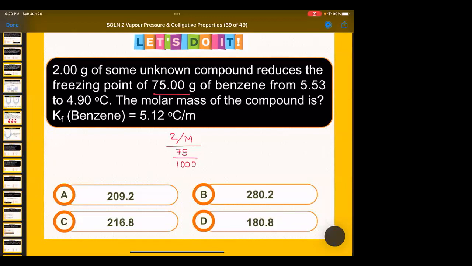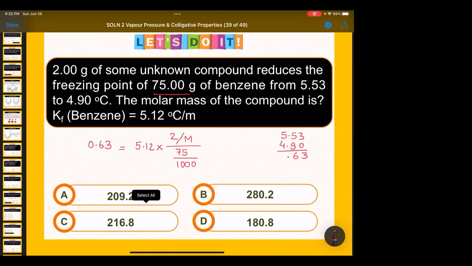This is the molality. And what is the value of Kf for benzene? It is 5.12, and the freezing point depression is 5.53 minus 4.90, which is 0.63, and this gives 6.63, right? Samira, what are you getting?